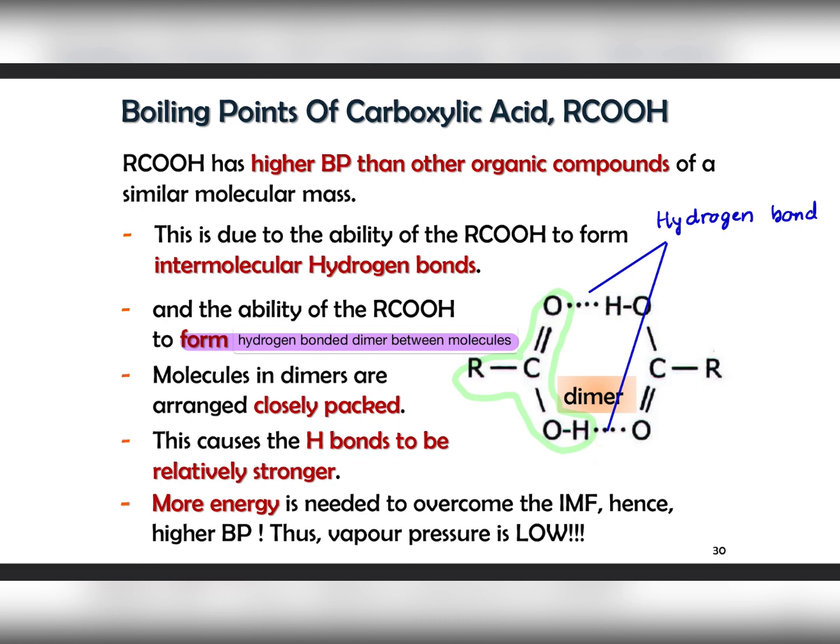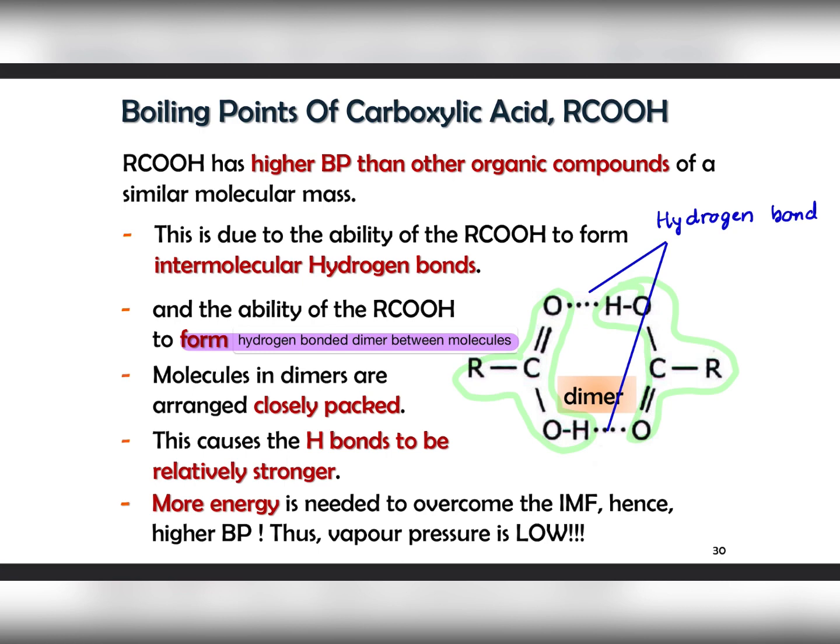Okay, so this is one molecule and this is another molecule. Okay, so between this molecule, kamu boleh buat berapa hydrogen bond? You can form 1, 2. So ini yang kita panggil sebagai dimer, dimerization.